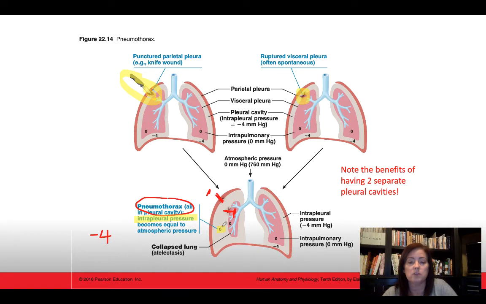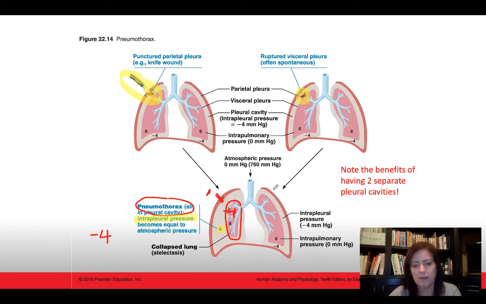And we lose the suction, which is kind of the whole point of this. We've lost this -4 millimeter of mercury suctioning force, and that lung is basically collapsed. So it's going to collapse into like this tiny little shriveled up lung because there's no more suctioning to hold it out to the walls of the thoracic cavity.